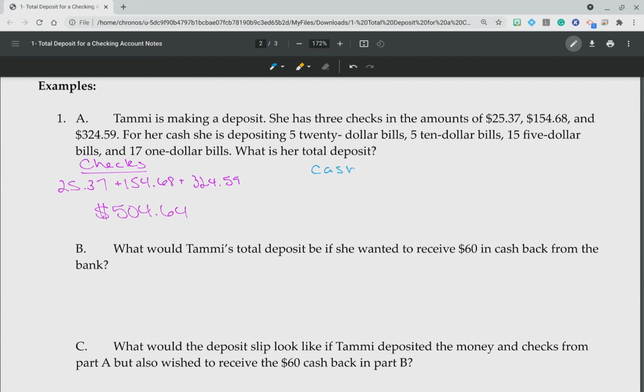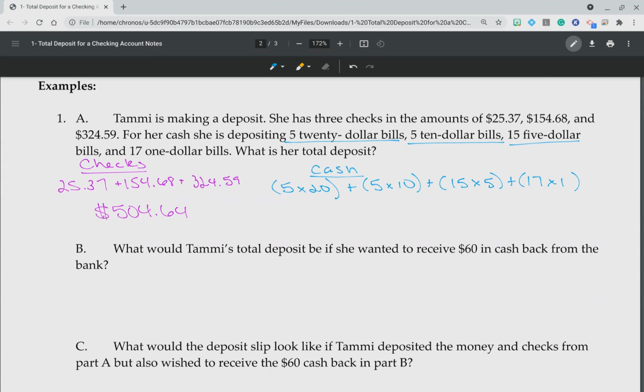Next, let's add up all the cash she has. It says she has 5 $20 bills, so I'm going to take 5 times 20. Add 5 $10 bills, so 5 times 10, plus 15 $5 bills, plus 17 $1 bills.